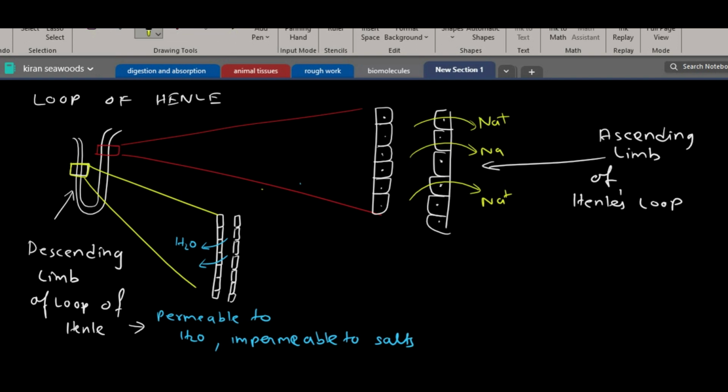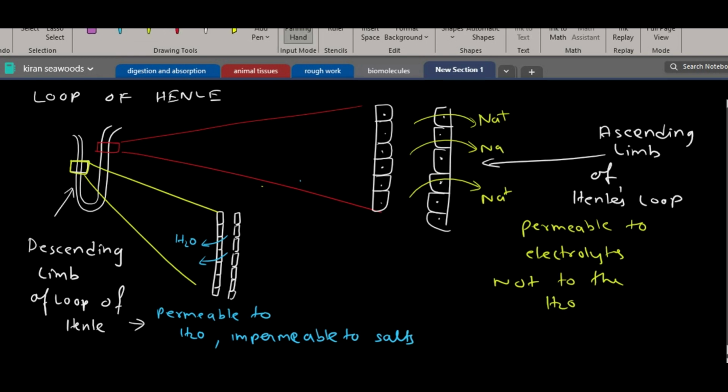It is permeable to electrolytes, but not to the water. It does not allow water to exit, but only electrolytes. So this was about loop of Henle. Hope you understood this portion of the topic.